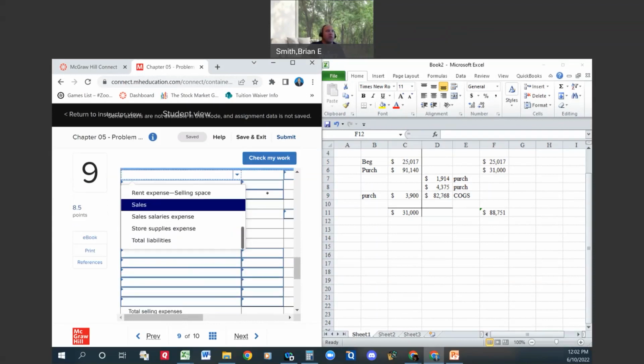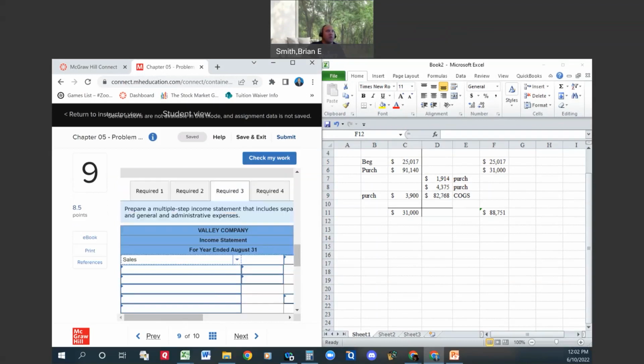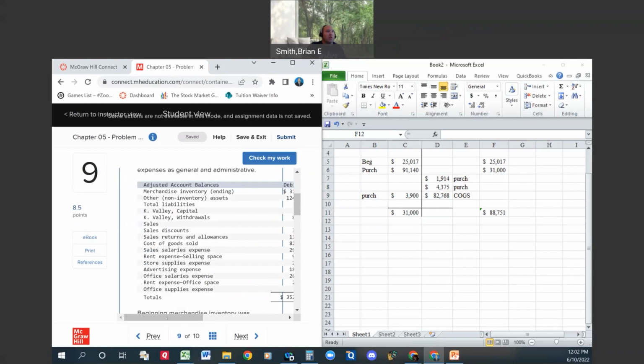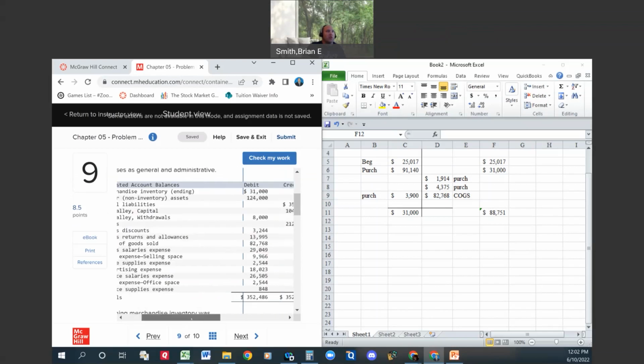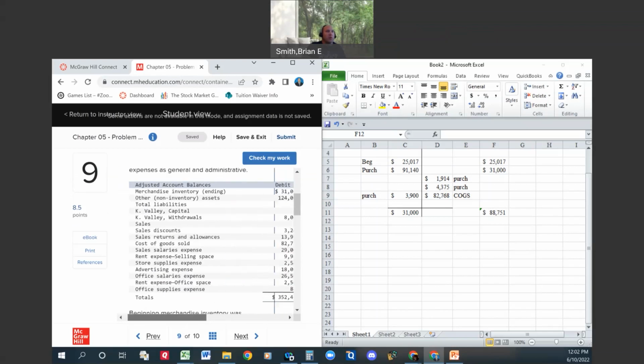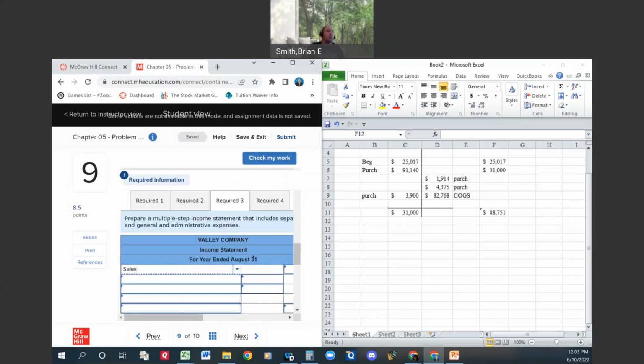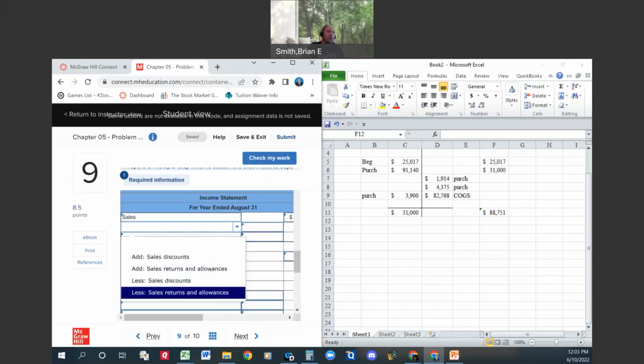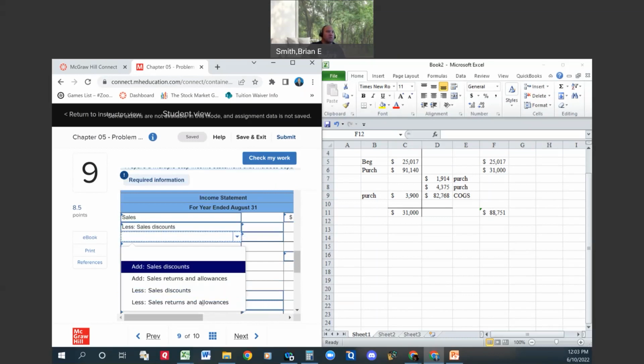Sales, but it doesn't say net sales for some reason. Got me concerned. 212,040. Now it'll probably have discounts. Yeah. So we're basically recalculating what we did at the beginning. Less discounts, less returns and allowances.